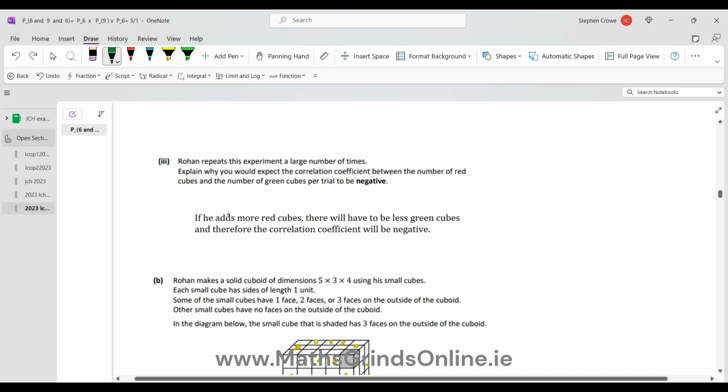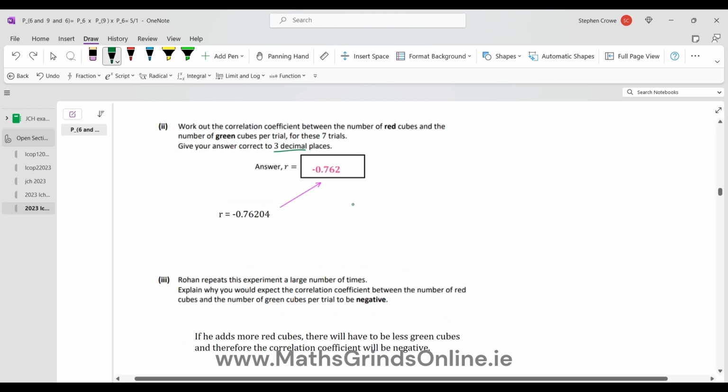Part 3 of this question. Rowan repeats this experiment a large number of times. Explain why you would expect the correlation coefficient between the number of red cubes and the number of green cubes per trial to be negative. Well, from the previous answer, we worked out a negative answer.